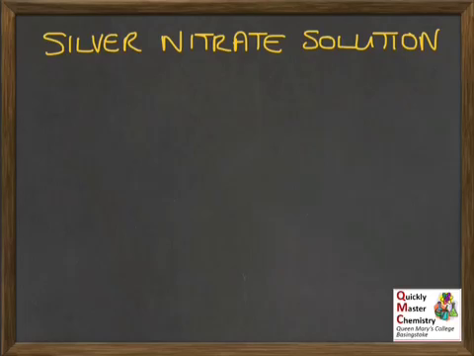Now, silver nitrate is an ionic compound, and the two ions involved, silver and nitrate, are ones that you need to have memorized. They're not ones that you can just look at the periodic table and know. The formula of silver nitrate is AgNO3. And when it goes into solution, and this is true for any ionic compound, you don't get AgNO3 particles in solution.